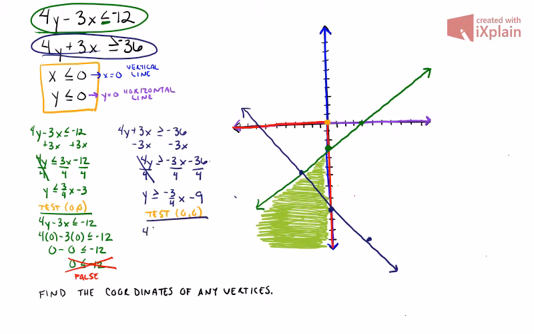So going back to my original inequality, I'm going to put 0 in for y, 0 in for x, 0 plus 0 greater than or equal to negative 36, or if we add that up, we get 0 is greater than or equal to negative 36.